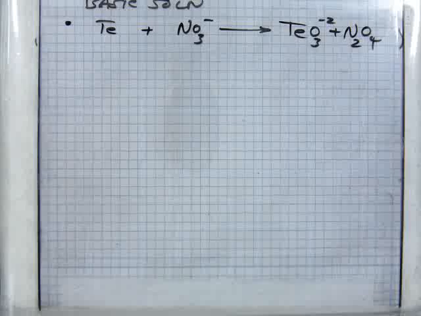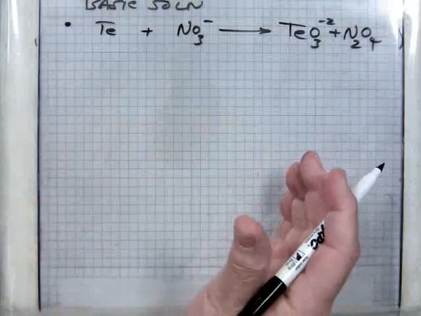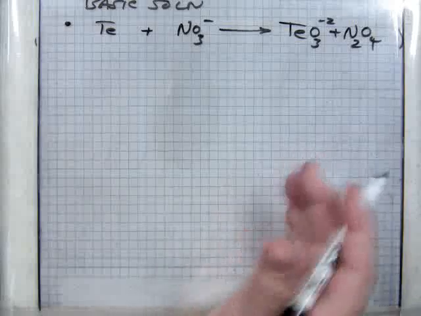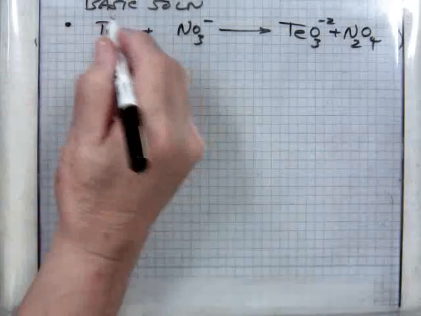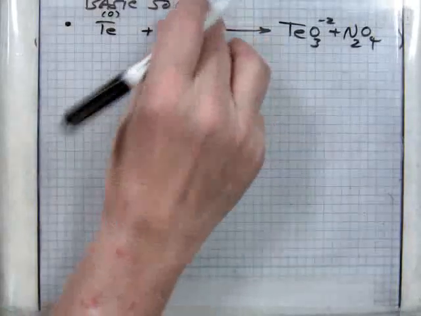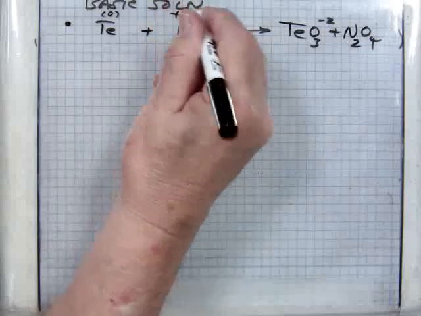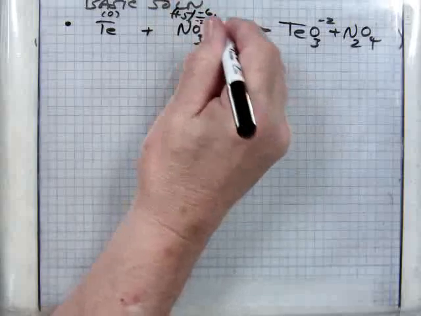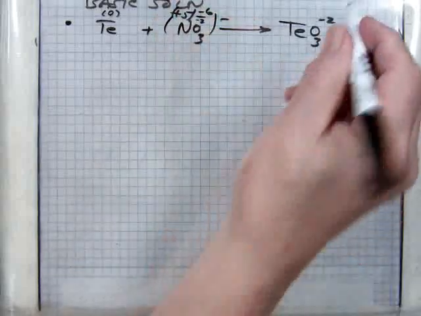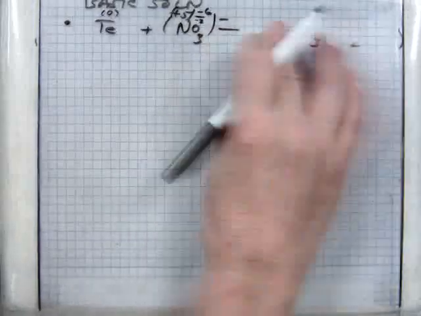Now, in balancing in basic solution, balancing oxygen and hydrogen is where students get confused, so you want to concentrate on this. Everything up to that point is the same as what we've already done. So we put the oxidation numbers in. So this is a -2, -6, and so that'd be a +5 for the nitrogen, and that's a -1 overall for that one. Put tellurium, I'm running out of space, I'm going to spread this out.